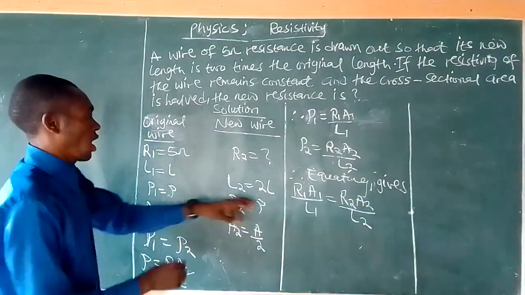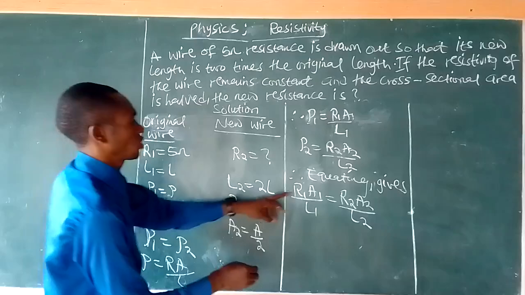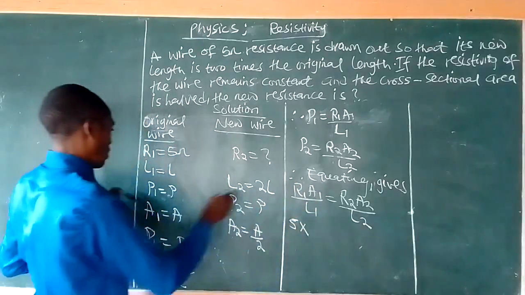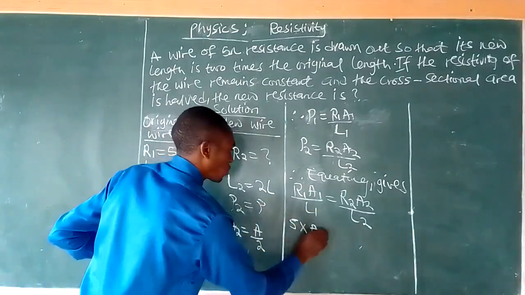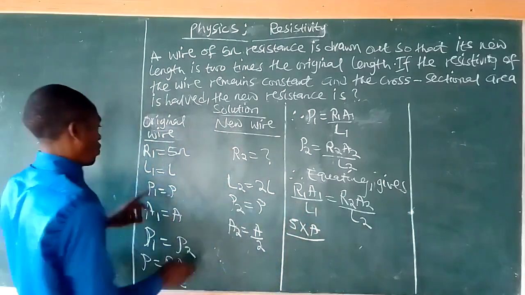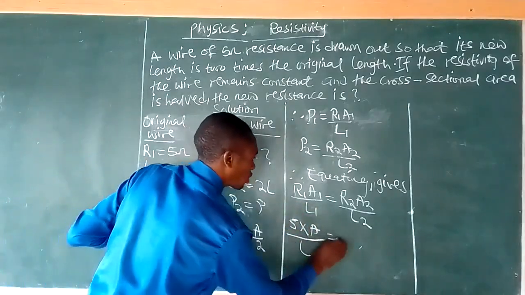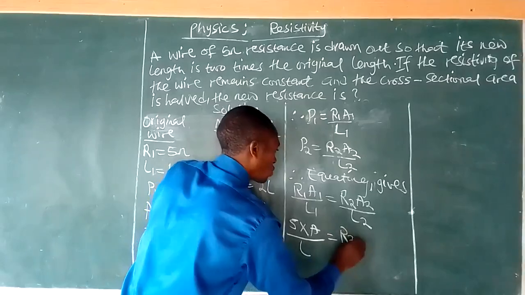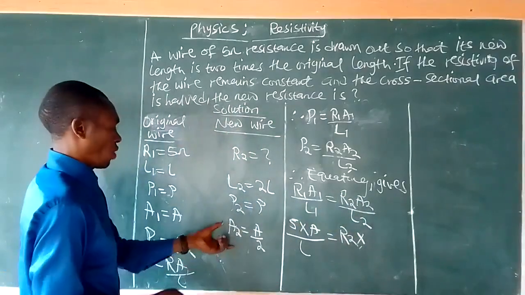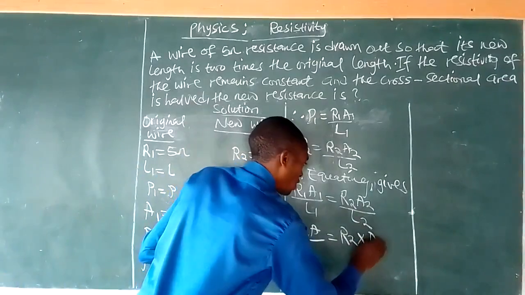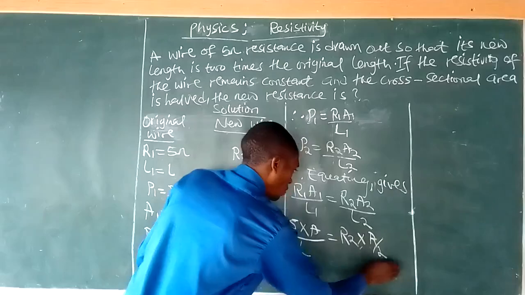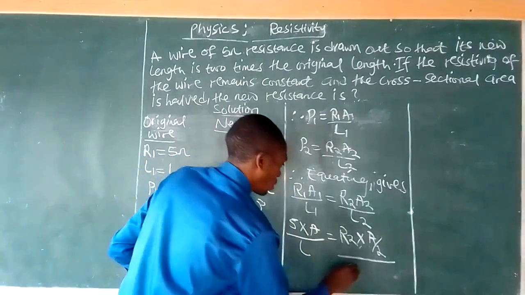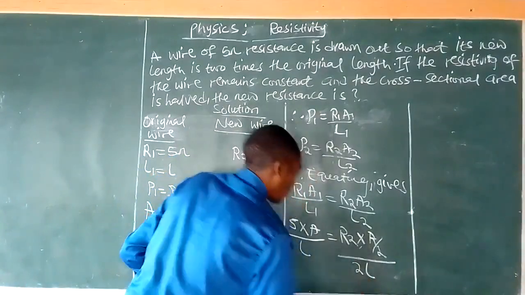Now substituting our values, our R1 is 5 ohms times A1. A1 is the same thing as A, over L1, which is the same thing as L, which equals R2, that's our question, R2 times A2. Our A2 is half, that's A over 2, multiplied by L2. Our L2 is 2 times, so L2 is 2L.